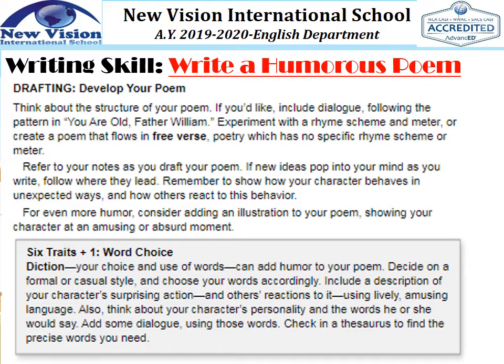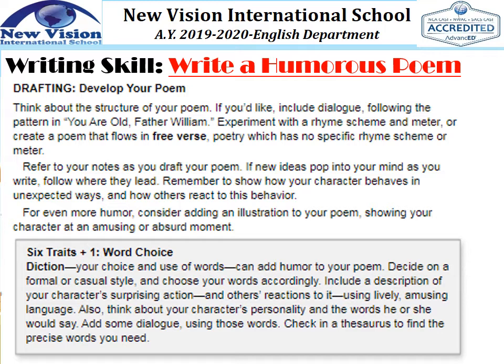Experiment with the rhyme scheme and meter, or create a poem that flows in free verse. When we say free verse, it is a poetry which has no specific rhyme scheme or meter. So, for short, it's up to you whether you are going to include dialogue or conversation, rhyme scheme, and meter. You can put them or not in your poem.